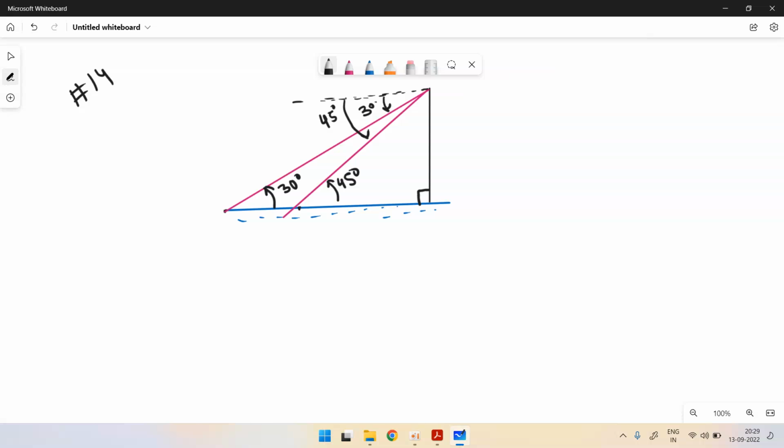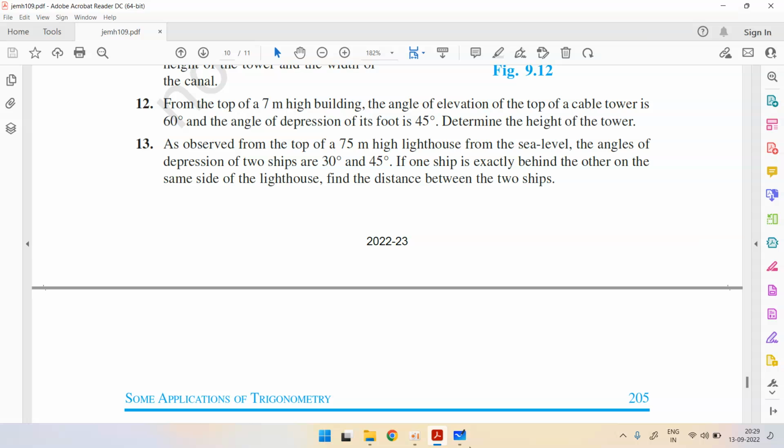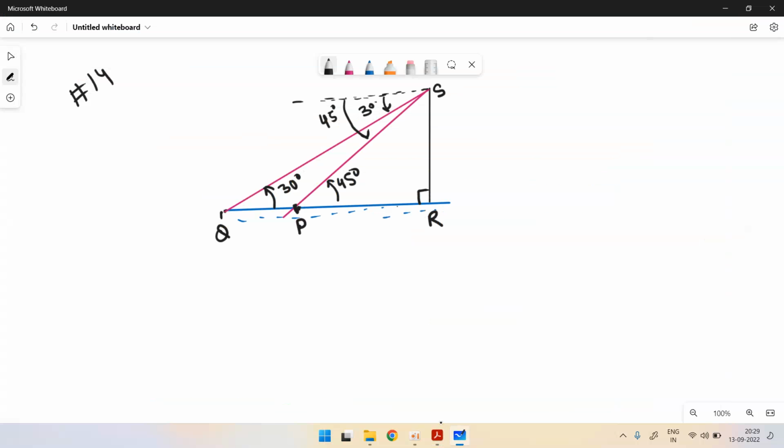This is 90 degree, and there are two ships. Let's suppose this is at point P and Q. Let's suppose this is R, SR is the lighthouse, given that the lighthouse is of height 75 meters.